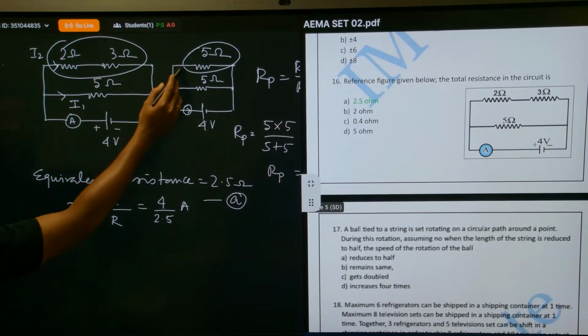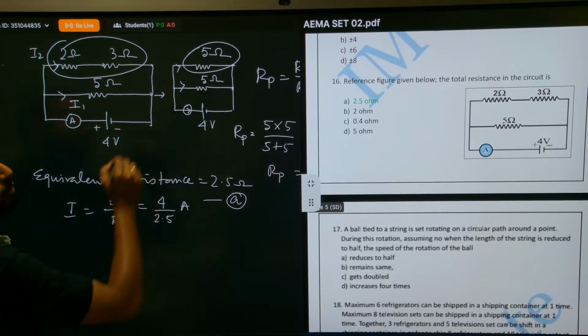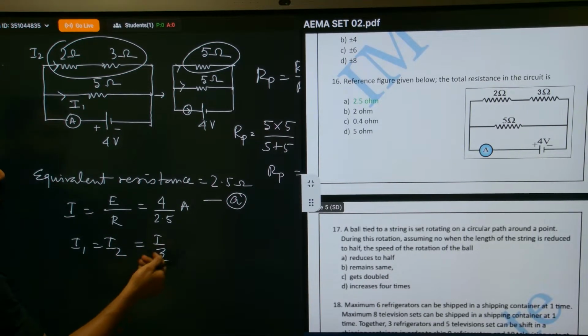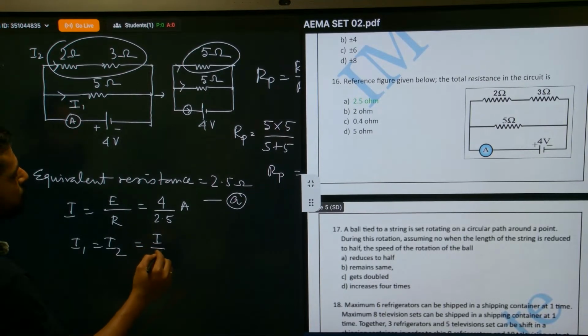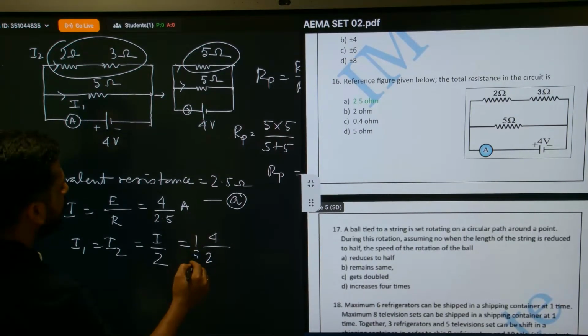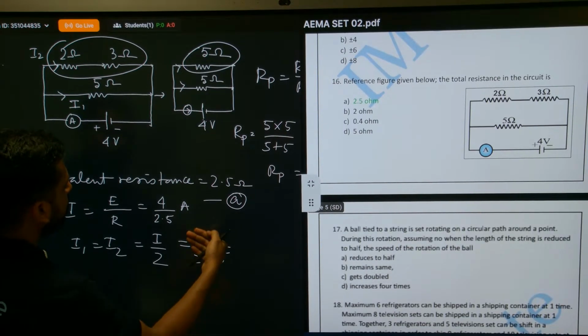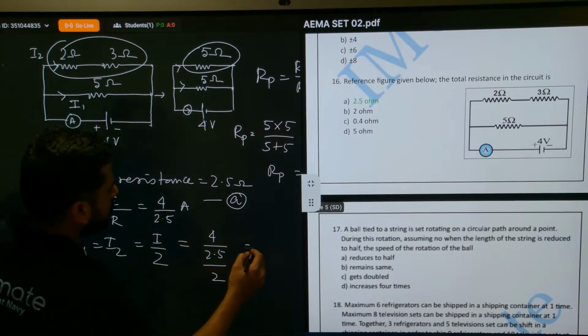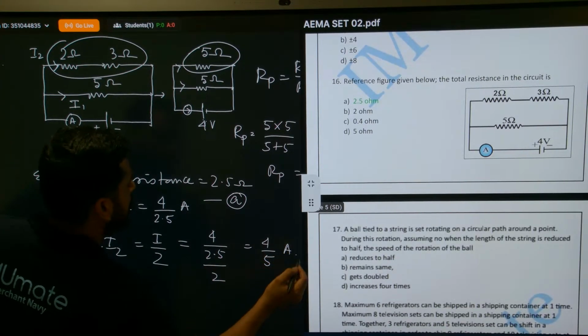As this part and this part are both of 5 ohm, I1 would be equal to I2, which would be I by 2. Half of the current would pass through this branch, half through the other. So I1 would be half of 4 divided by 2.5, that is 4 by 5 ampere.